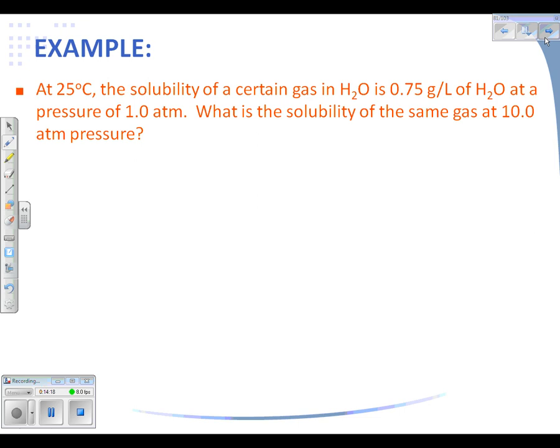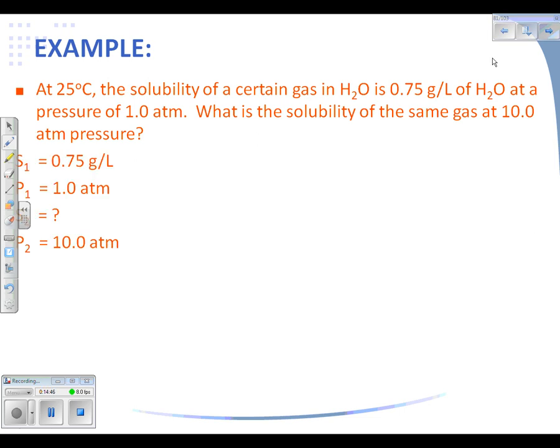So at 25 degrees Celsius, the solubility of a certain gas in water is 0.75 grams per liter at a pressure of 1 atmosphere. So what is the solubility of this same gas if now I change the pressure to be 10 atmospheres? I'm keeping the temperature the same, so that's not a factor in this question, but it does just give you that value.